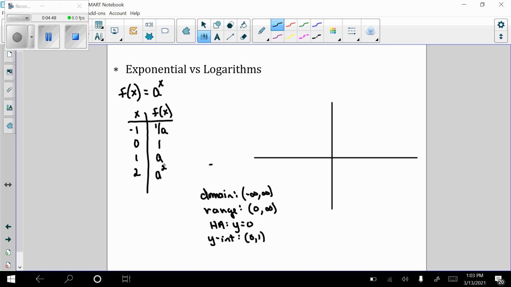So I can graph those points. The thing I won't do is just label the y-axis since we don't know what a is. So I know I have a point here at negative 1 and whatever 1 over a is. Well, my y-intercept is going to be a little bit larger than 1 over a, so that's going to be there. Then I'm just going to go up here and put this as 1 comma a and 2 comma a squared.